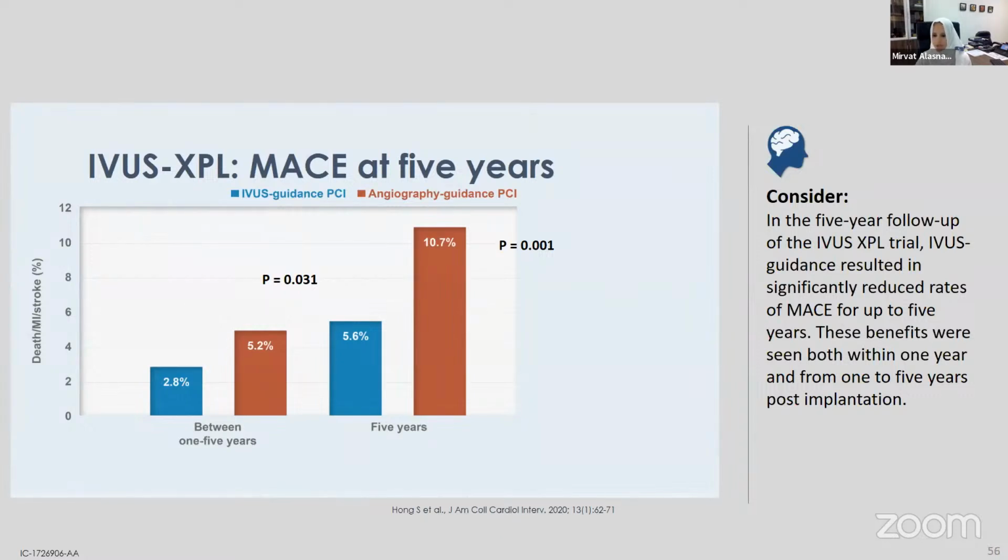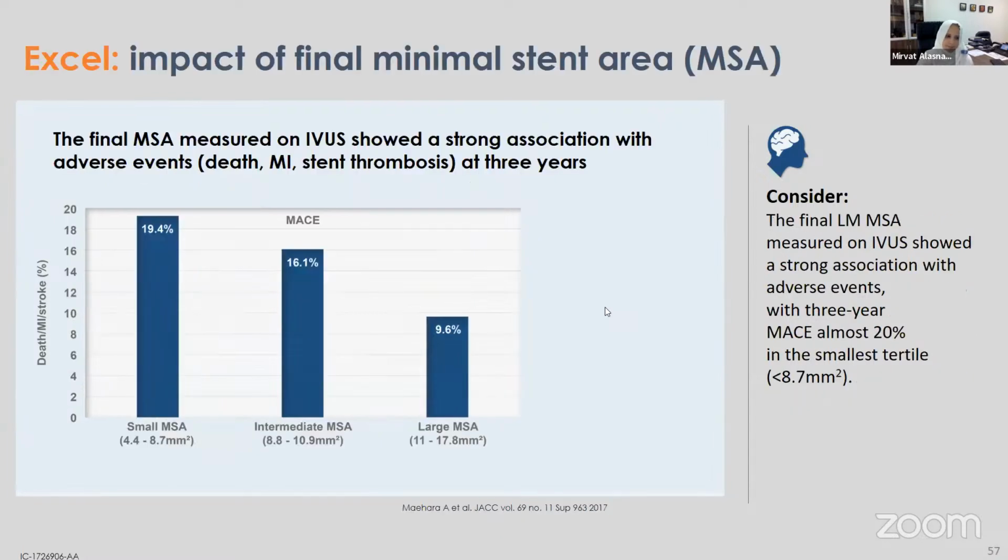So the curves continue to diverge in the IVUS XPL, which again really looked at very complex and long lesions and IVUS evaluation of these patients with clinical endpoints. Most of these trials were designed so that IVUS use pre-procedure was not mandatory, but post-procedure it was for all these trials.